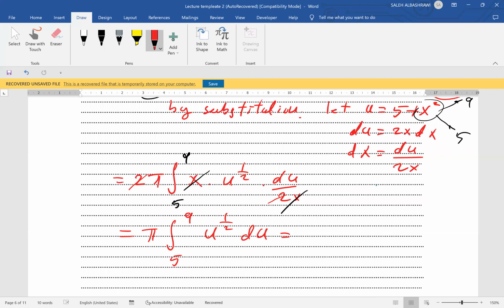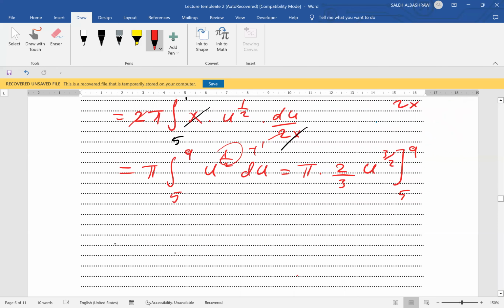That will be equal to pi multiplied by, add 1 will be 3/2, so it is multiplied by 2/3 u to the power 3/2 from 5 to 9, which is equal to 2 pi over 3 multiplied by 9 to the power 3/2 minus 5 to the power 3/2.